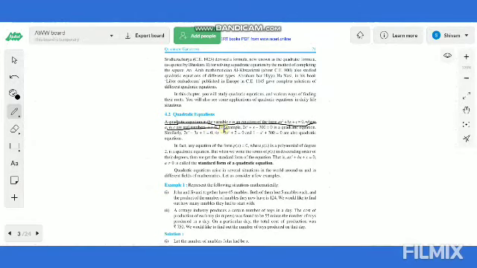This is the standard form of quadratic equation. The highest power of the variable should be 2, so the standard form is written as ax square plus bx plus c is equal to 0.